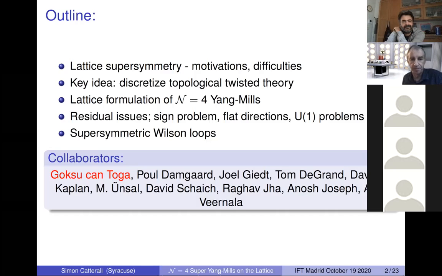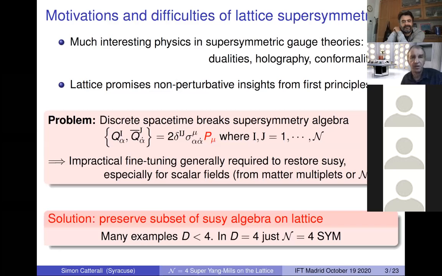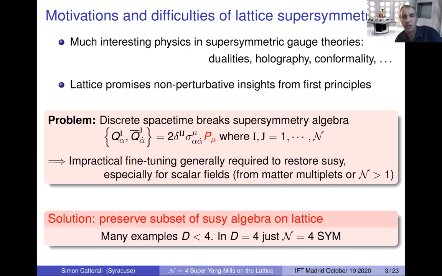All right, okay. So let me just give you a brief motivation for lattice supersymmetry. Of course, supersymmetric theories have been interesting for a long time as toy models for things like chiral symmetry breaking and confinement. More recently, of course, there's a lot of interest in the supersymmetric gauge theories from the point of view of giving explicit examples of dualities, of conformal field theories, and of course, holographic connections to holography.